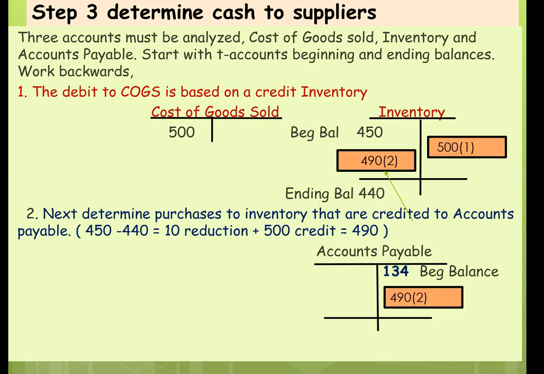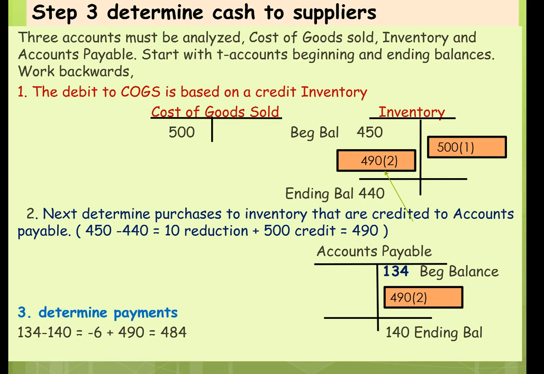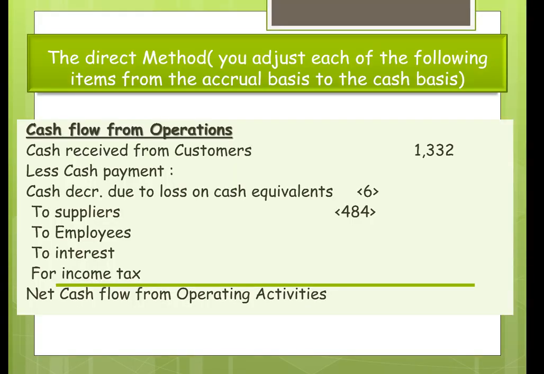Then we add it to our accounts payable account, and there's our ending balance, so we know that the amount that we've actually paid is $484. So now we can put that on our payments to suppliers.